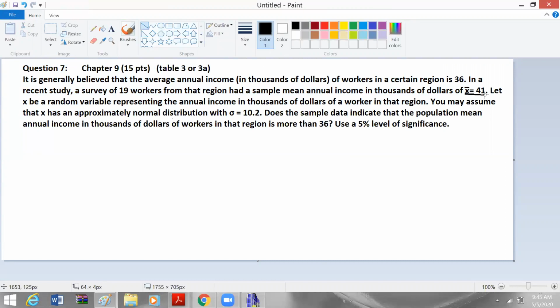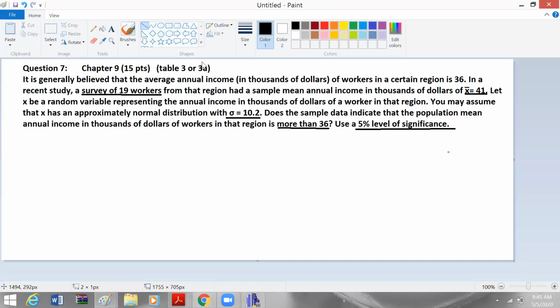The x bar is equal to 41. The n is a survey of 19 workers, so n equals 19. On the final exam, you have to be really careful, because sometimes the n is sneaky, so we need to figure it out. The standard deviation is 10.2, the keyword is more than 36, and we use alpha equal to 5%.